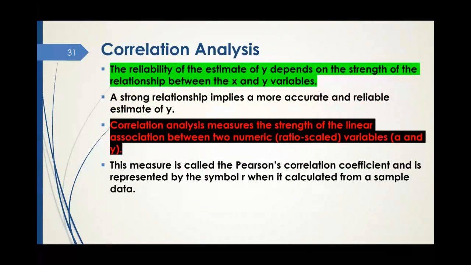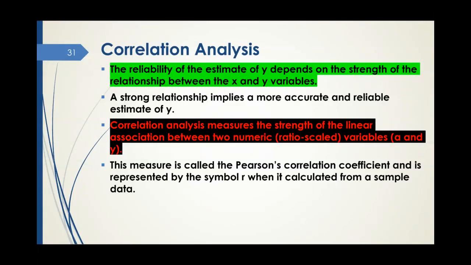Now we're talking about correlation. Remember we said the core key concepts are regression and correlation. Correlation, like I explained earlier, shows the strength of the relationship, while linear regression asks whether there is a relationship. What are they saying here? The reliability of the estimate of Y depends on the strength of the relationship between the X and Y variables.